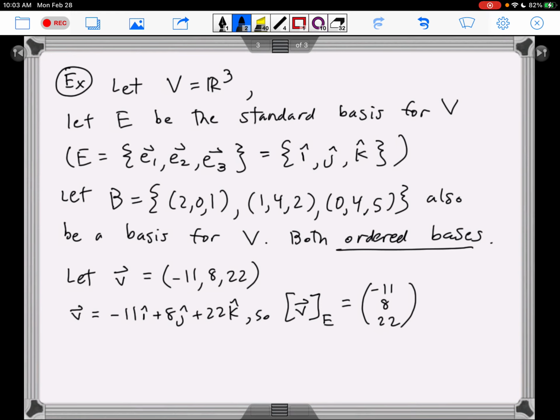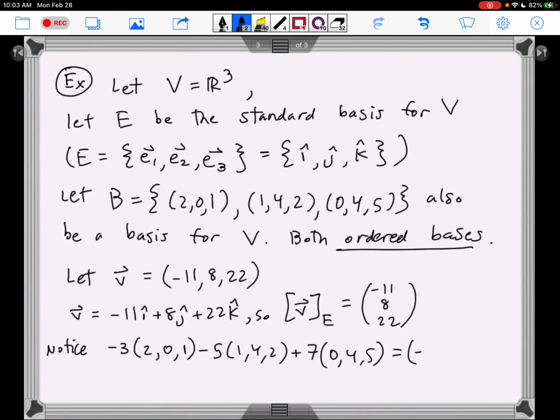So I want us to notice something here. Notice that if you take -3 times (2, 0, 1), minus 5 times (1, 4, 2), plus 7 times (0, 4, 5), you actually end up with (-11, 8, 22), which is v.